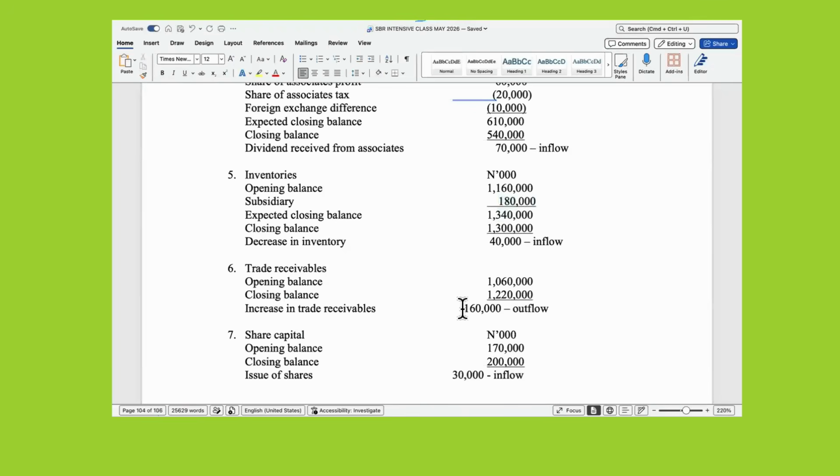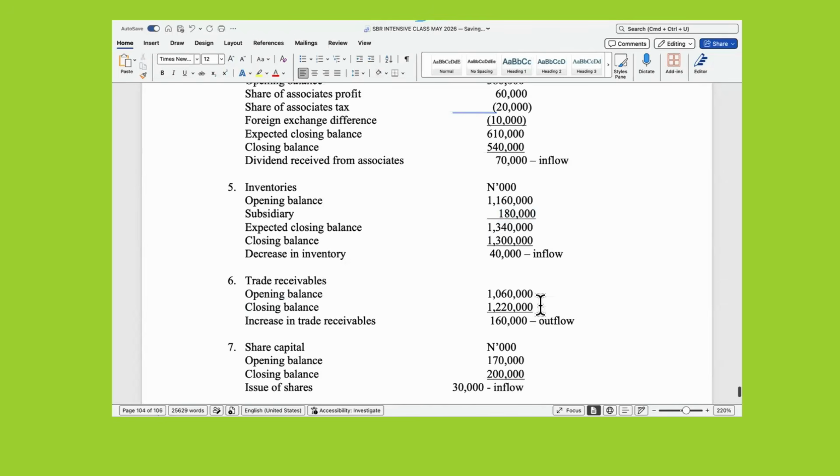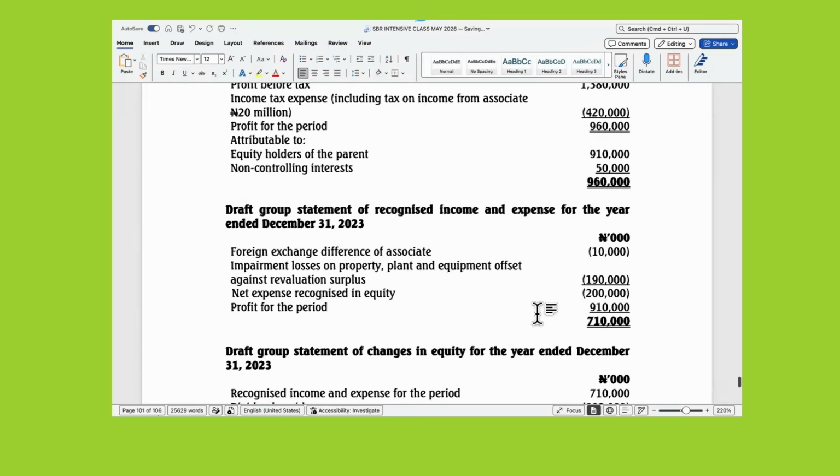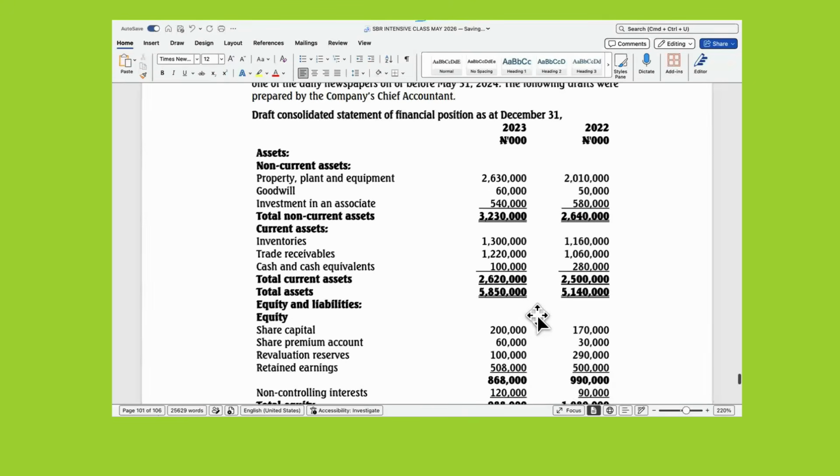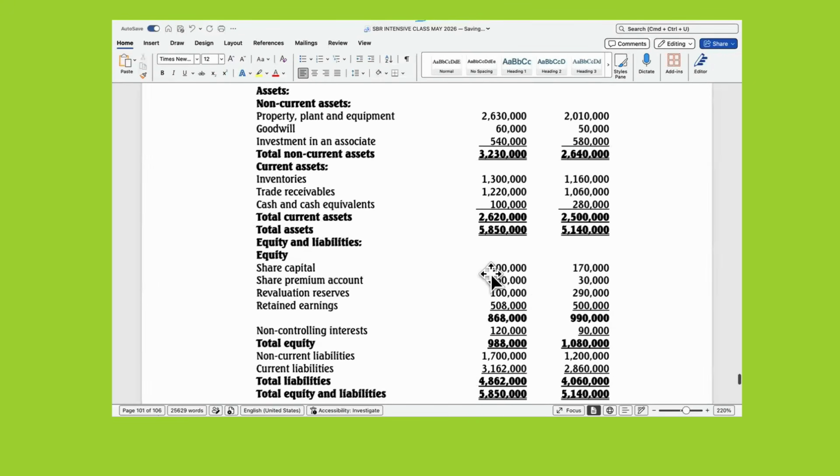I did the movement in receivables too: opening, closing. This one increased, so it's an outflow. Then I'll move on to the next item, which is share capital. This one increased from 170 to 200.